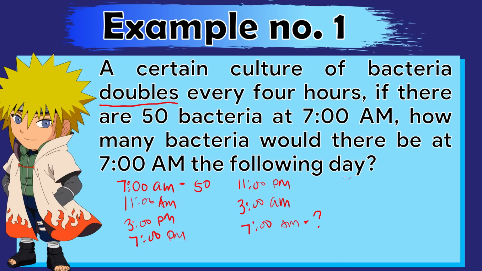So, we have, obviously, ang first term natin ay 50. Kasi 50 yung bacteria daw na present. The next, ano ang maging common ratio natin? Ayun na sinabi, doubles. Kaya, 2. Ano ang magiging value ng n? So, yan na yung reason bakit ko nilista lahat yung oras. So, from 7 a.m. today up to 7 a.m. the next day, ilan po yan lahat? So, we have 1, 2, 3, 4, 5, 6, 7.